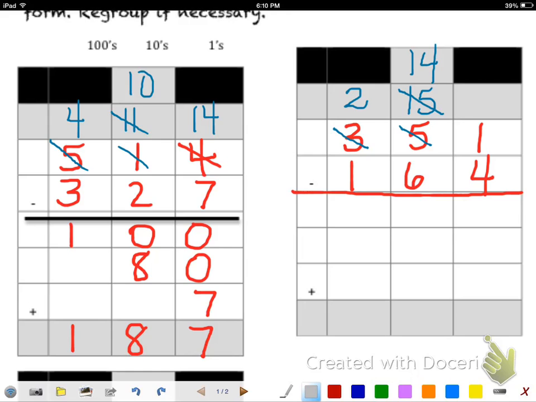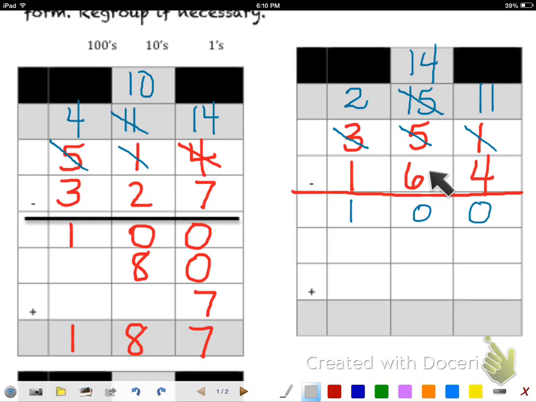I bring that 10 over to the ones place, so I have 10 ones but I have one more 1, so that leaves me with 11 ones. Now I am ready to subtract. I have 200 minus 100 leaves me with 100. I have 14 tens, which is 140, minus 6 tens, which is 60.